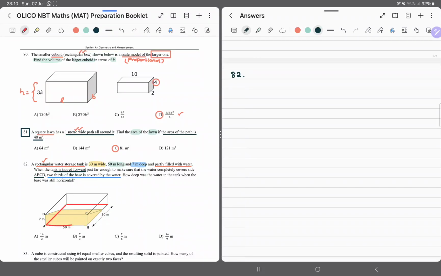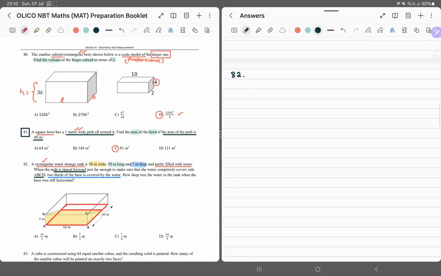So now we know that this base now got cut here into just a quarter. So can you see the bigger one is the entire one, and then the smaller one is what makes up our water level here, which is the yellow region, which is itself pyramidal.